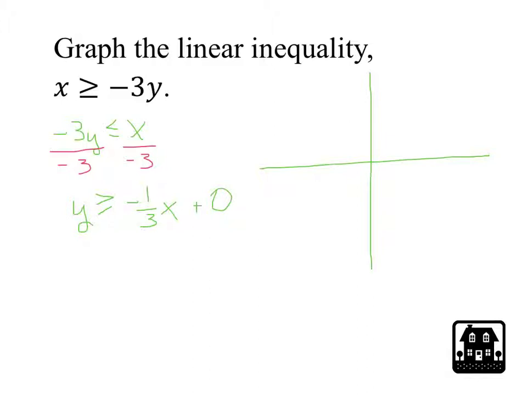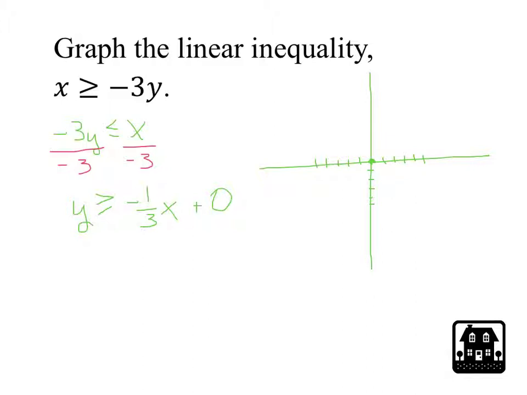And what that tells you is that your boundary line is going to cross the y-axis at 0 at that point there. Let's draw some tick marks. It's going to have a negative slope. You start from here, down 1 and over 3.